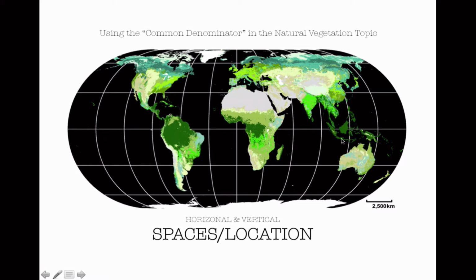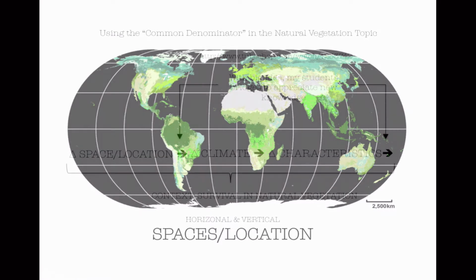Now they are located... the common location here is within this latitude, from this part to this part, if you can see it. Because of the latitude over here, because of the area over here, you experience a certain kind of climate, and hence with a certain kind of climate you will have a certain kind of natural vegetation.